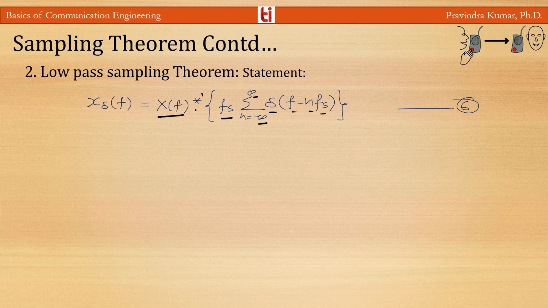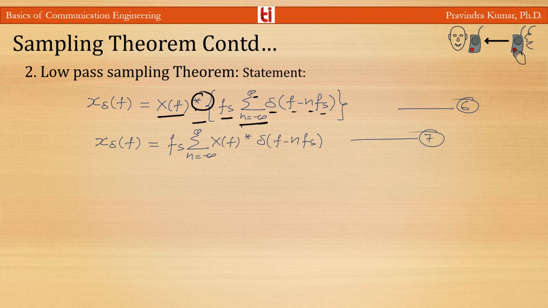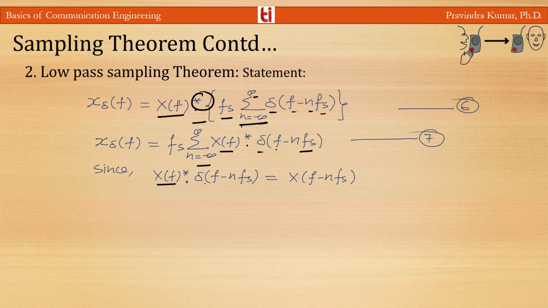And here this is the convolution. Interchanging the order of convolution and summation, we can have X delta f equal to fs summation minus infinity to infinity X(f) convolution delta(f minus nfs). From the property of delta function, the convolution of X(f) and delta(f minus nfs) will be X(f minus nfs).